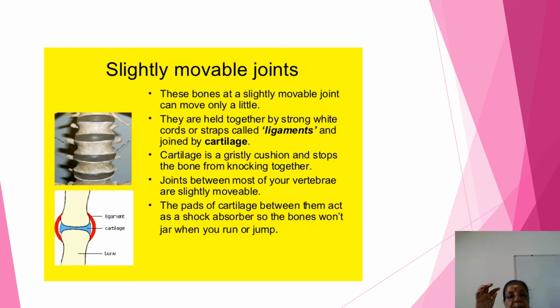The upper one is the vertebral column. I hope you are listening. So this is the vertebral column. I will show the space in between with the arrow. This is one vertebra, this is the next vertebra.